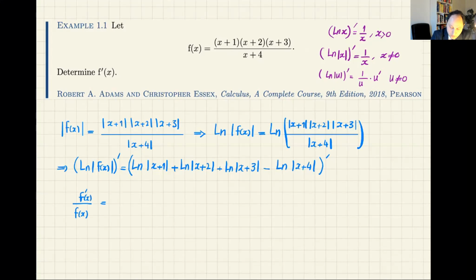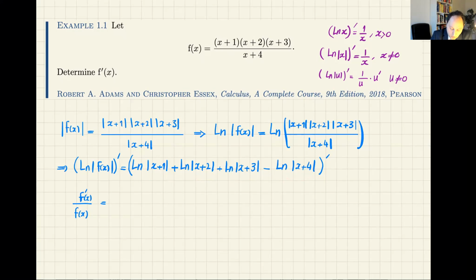And if I ask you what is the derivative on the right-hand side, it is very simple now. Because this is the sum and difference of functions. It's not a product. It's not a quotient. So I don't need the product rule. I don't need the quotient rule. What I need is just the sum and difference rules. I take the derivative of this one, which I will follow exactly this rule.